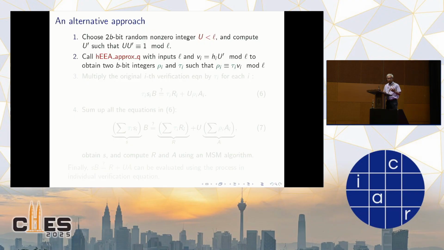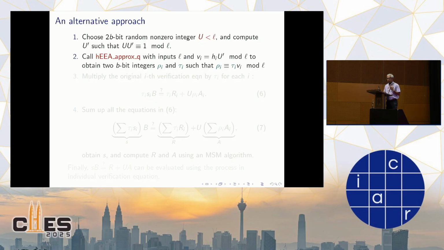In step number 1, we choose a 2-bit random integer, say u, and compute the multiplicative inverse of u, denoted here as u prime. And then we call the approximate Q-based half-size extended Euclidean algorithm with input L and v sub i. v sub i is the product of the hash value H sub i for signature i and u prime.